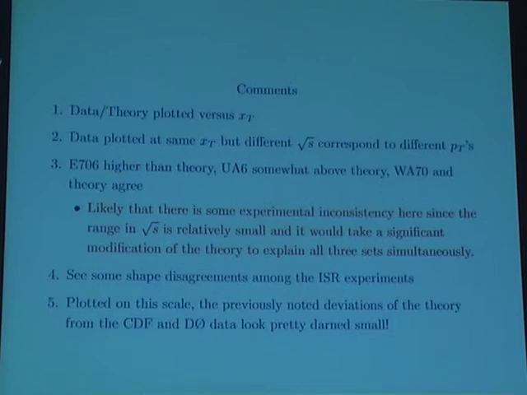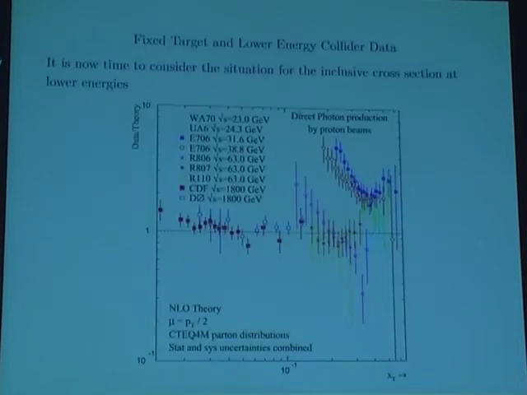But in fact, for data that are at the same values of xT, it's going to be very difficult to get the theory to give that much energy dependence, because you can't do it through the PDFs. Parton distributions cannot explain differences at fixed xT, and we've already figured out that the angular distributions and subprocesses seem to be right, so what could be wrong?